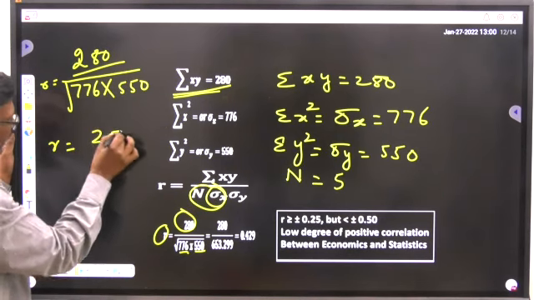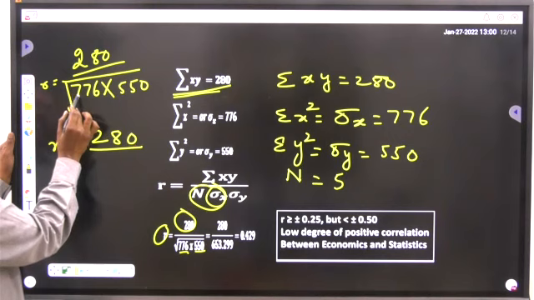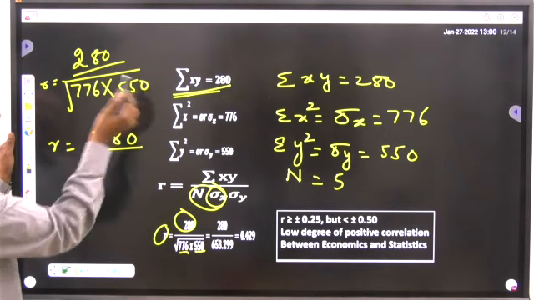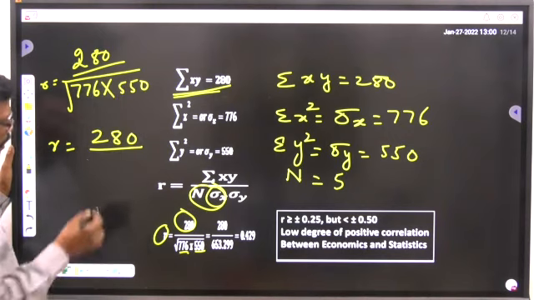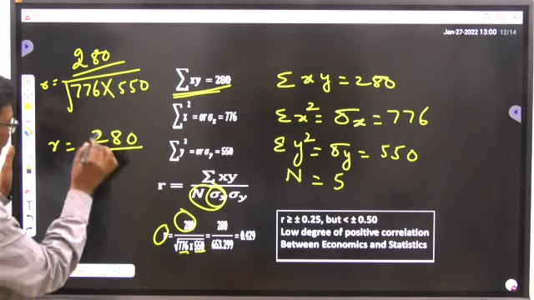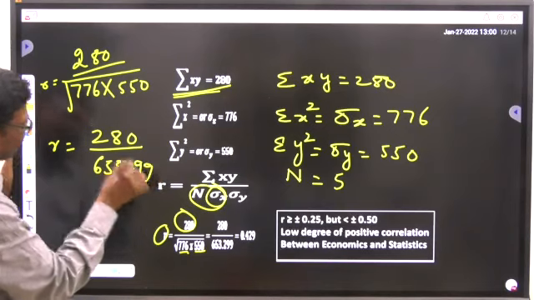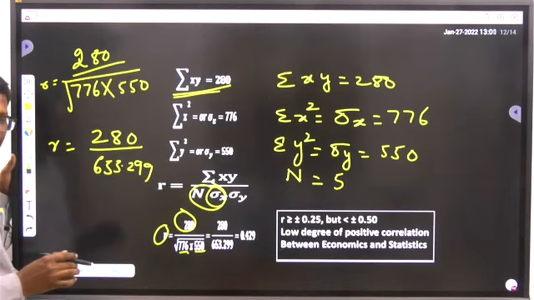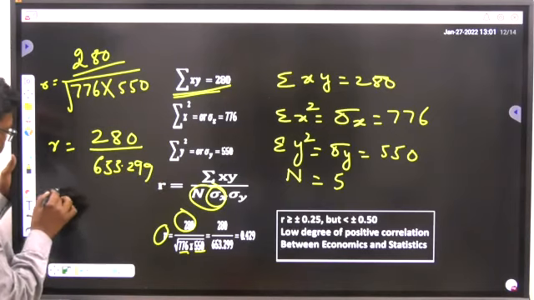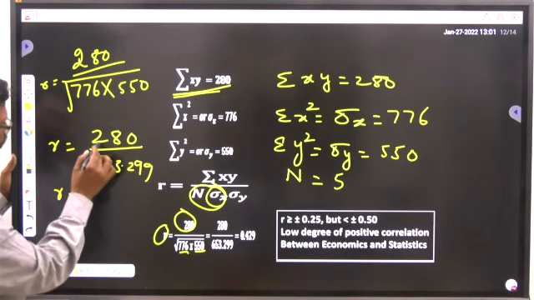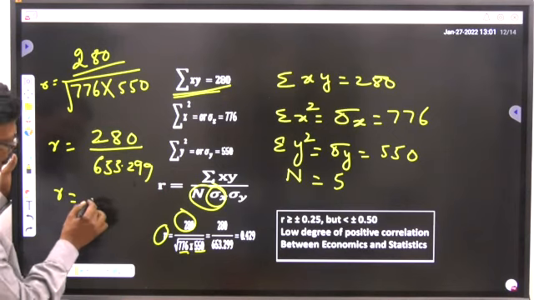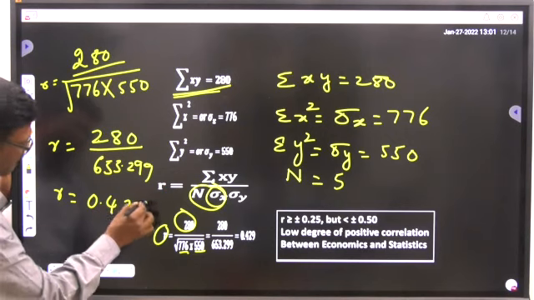That is equal to 280 divided by 653.299, once we remove the square root. So r is equal to 0.429.